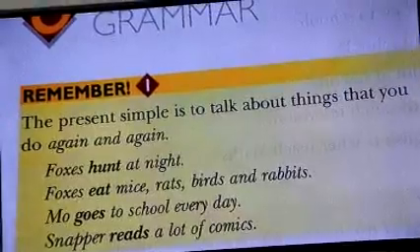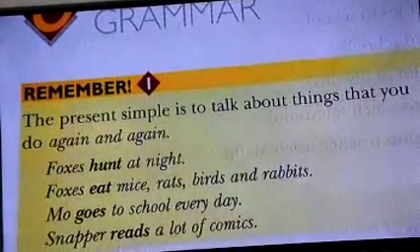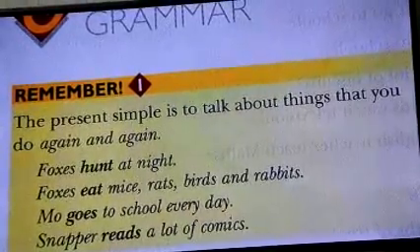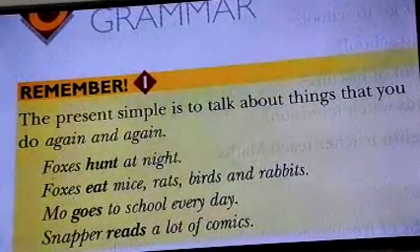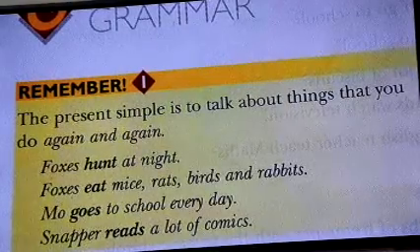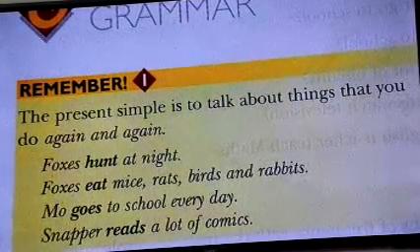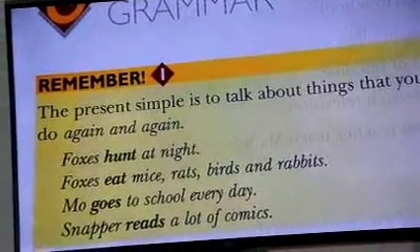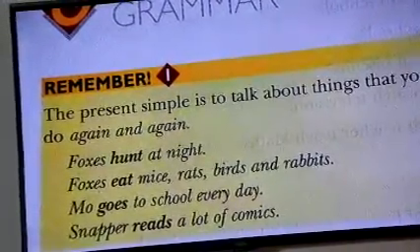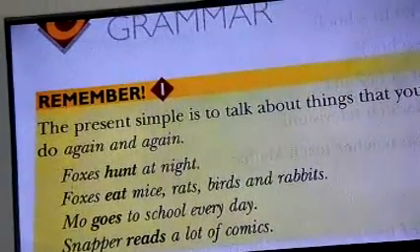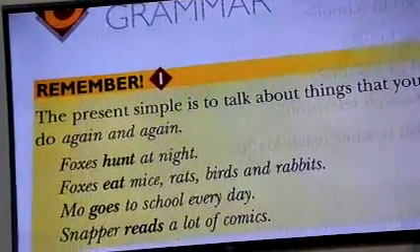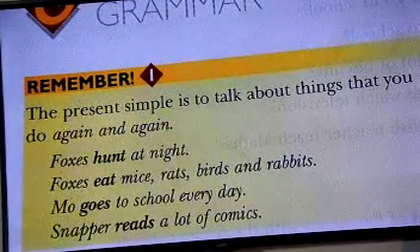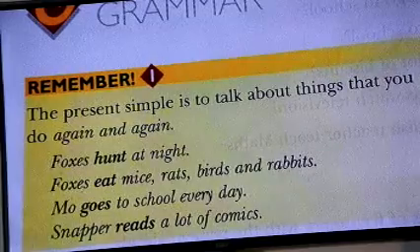Mo is that little boy you saw in the cartoon strip. Mo goes to school every day. Snapper reads a lot of comics. Now it's a cartoon, so Snapper is like Doraemon, a friend of Mo. When Mo is not at home, he reads most of Mo's comic books.